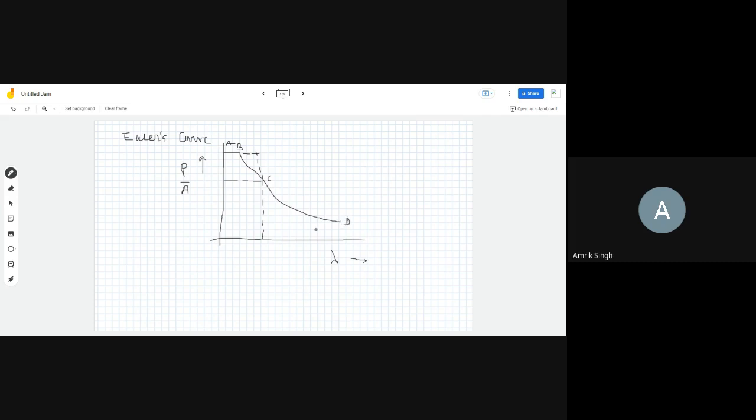So this range will show the short column.